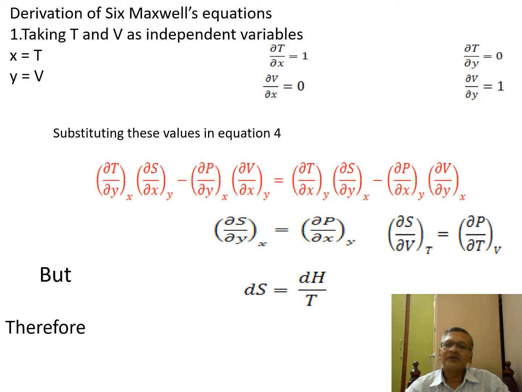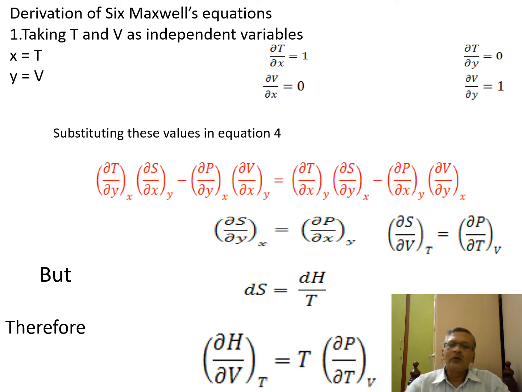That T term goes to the right side. Therefore, we can write the equation as ∂h upon ∂v, keeping temperature constant, is equal to T into ∂p upon ∂T, keeping volume constant. So this is the first Maxwell's thermodynamical equation.